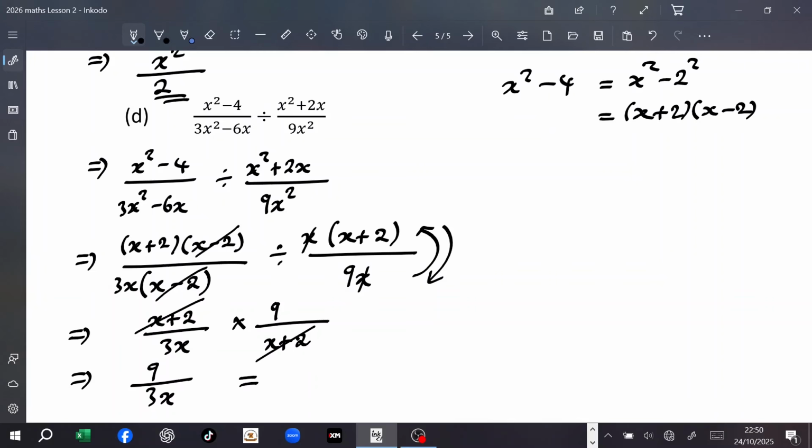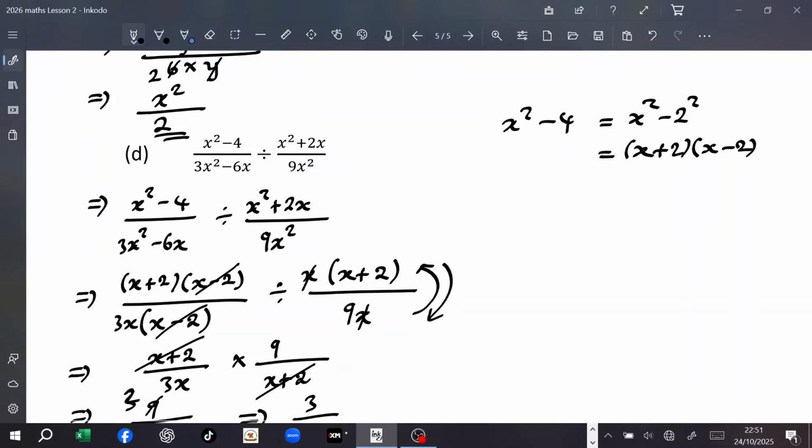This one can be like 3 into 3, 1, 3 into 9, 3. So on top you have 3, down here you have x. That will be the final answer.